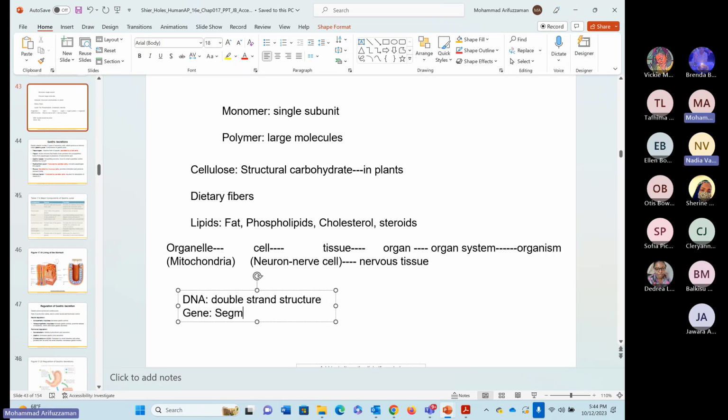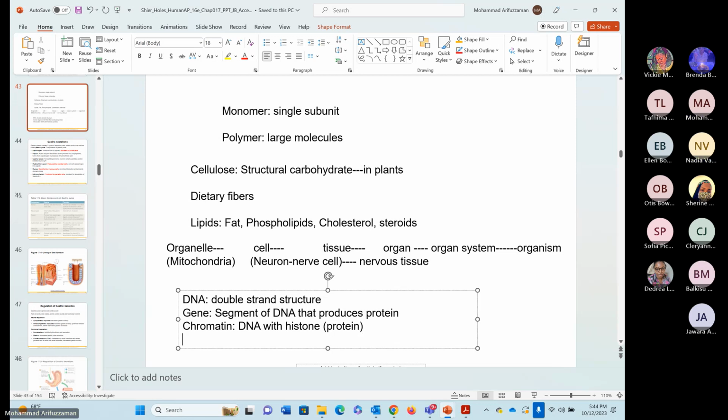It is a segment of DNA that produces protein. So a gene is a segment of DNA that produces protein. Then what is chromatin? DNA with histone. You know what is histone? Histone is a DNA binding protein. Histone is a protein. So DNA with protein forms the chromatin. And what is chromosome?